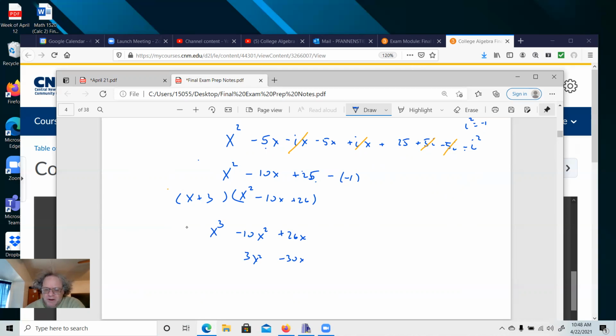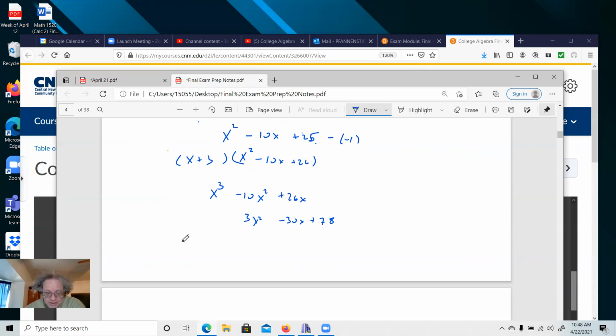And then 3 times 26, what is it, 78. Okay. So our total is going to be x cubed minus 7x squared minus 4x plus 78.